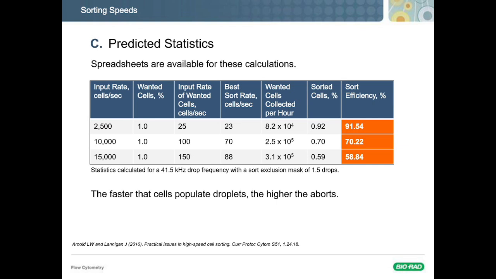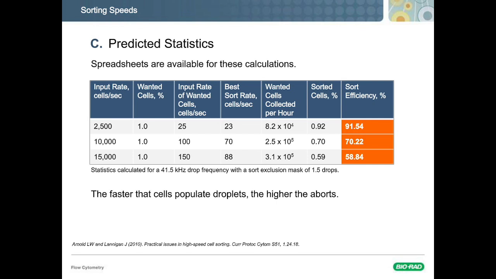So you're sorting faster. If you have lots of sample, you can get the sort that you want done faster by going faster, as long as you have some sample to spare. But if your sample is precious and you're not as concerned with time, but with efficiency, you may need to go slower so that even though your sort takes longer, you end up with a higher sort efficiency.